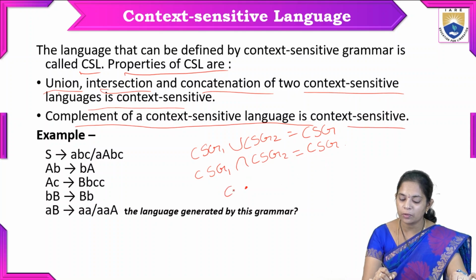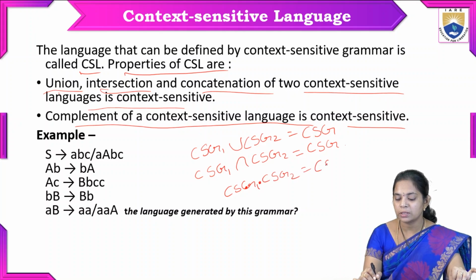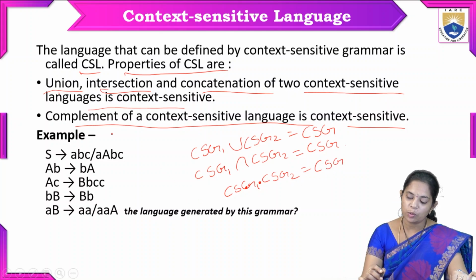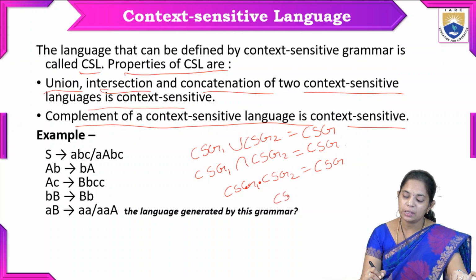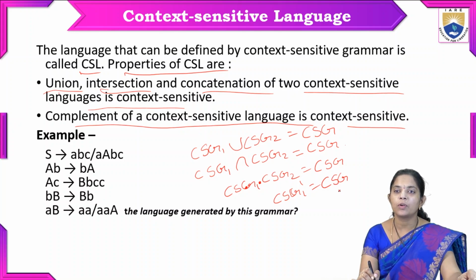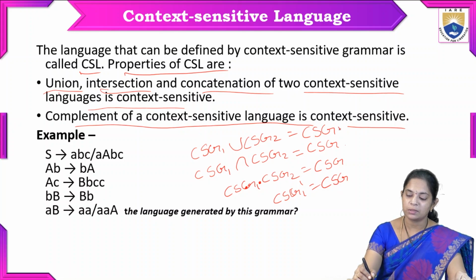The concatenation of two grammars, represented by the dot, also results in a context sensitive grammar only. And one more operation, the complement of a context sensitive grammar, is also a context sensitive grammar. So these are all the properties of context sensitive grammars.